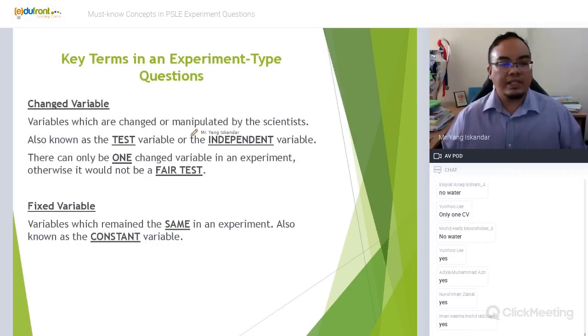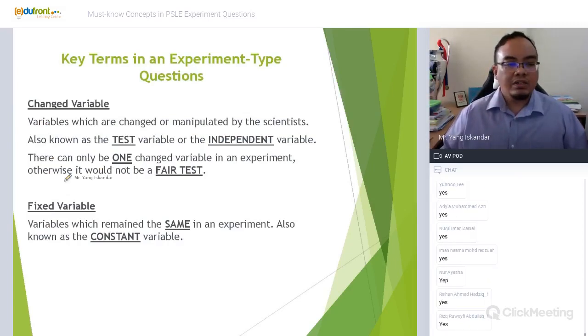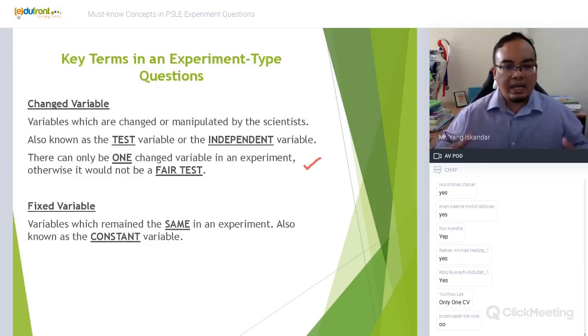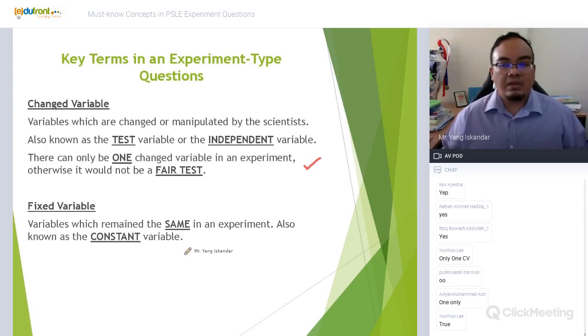Let me go back to here. So there can only be one change variable. Otherwise it will not be a fair test. A fair test is a very important concept that you must have in the experiment, so that you can use the result of the experiment to make a conclusion. The next one is the fixed variable.